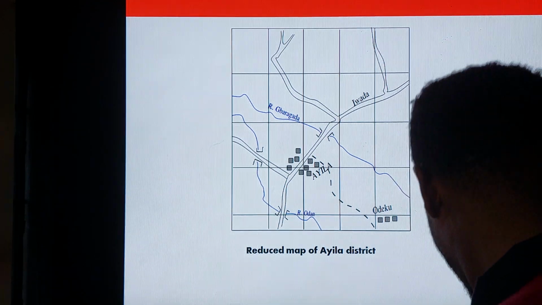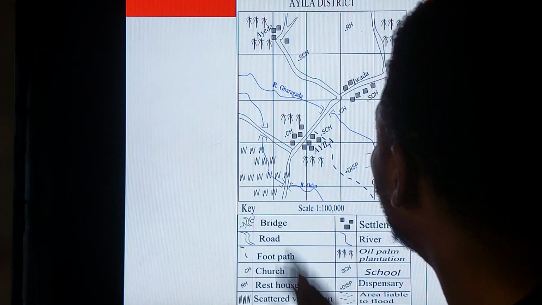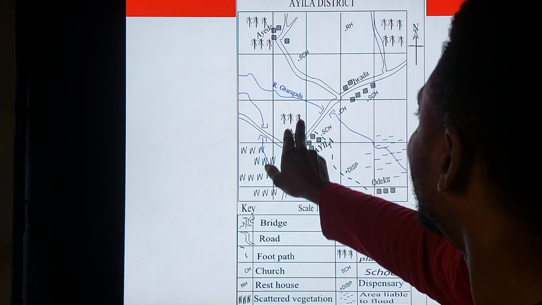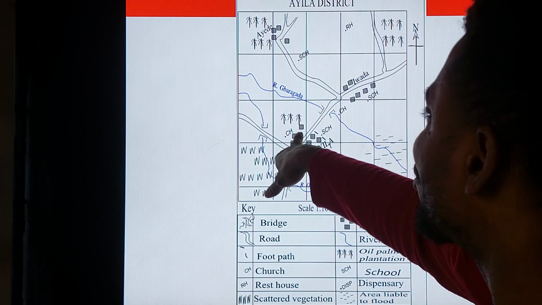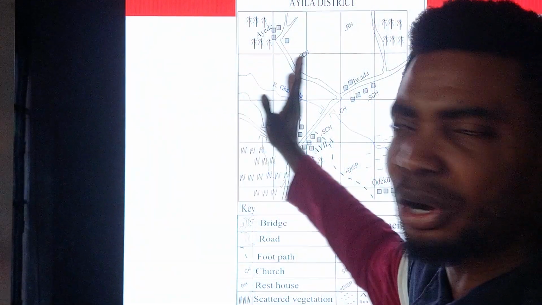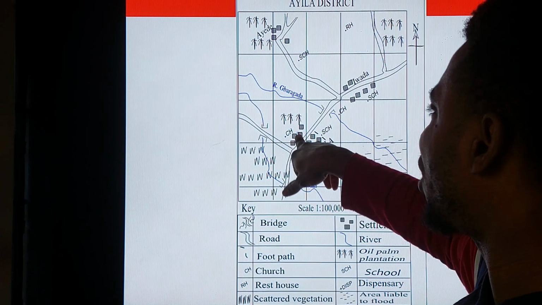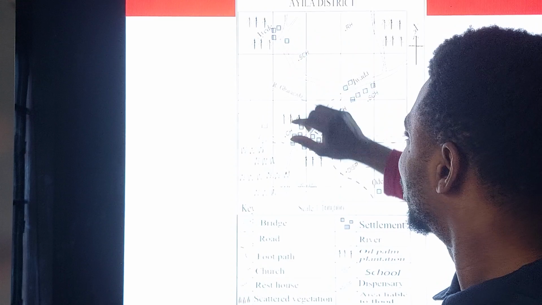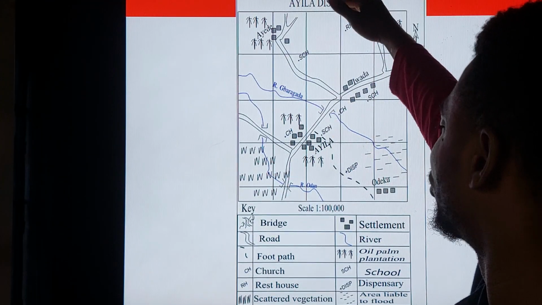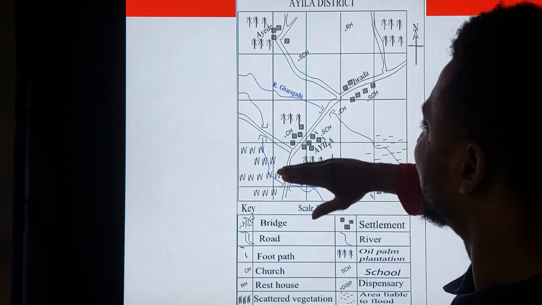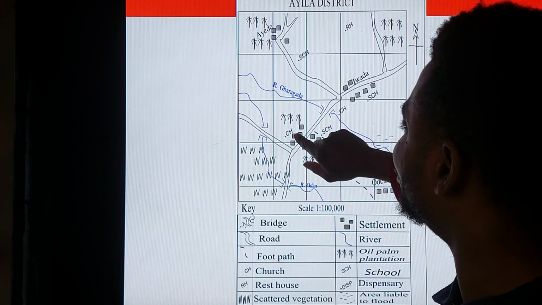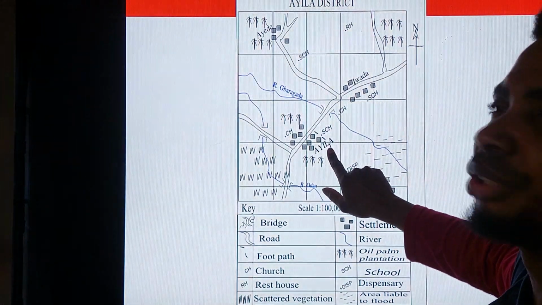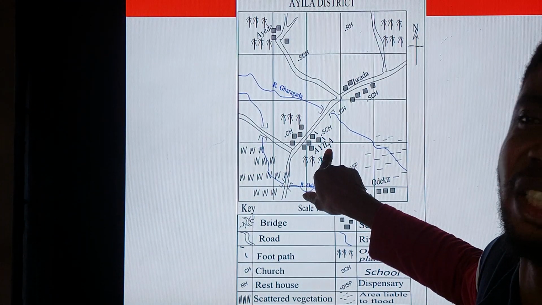Now look at Ayila map. Ayila village, or city or town, as it may be, starts from the second grid. If you count from left to right, it's from the second grid. If you count from the bottom upward, from south northward, you will discover that Ayila village starts from the second grid to the third grid in a southeastern direction.